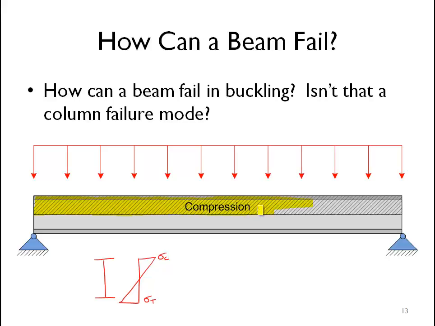So that portion of the beam's cross-section is really acting a lot like a column. So that means the portion of a beam that is resisting compression is going to be susceptible to instability. And we have to design the beam such that we keep instabilities from occurring.